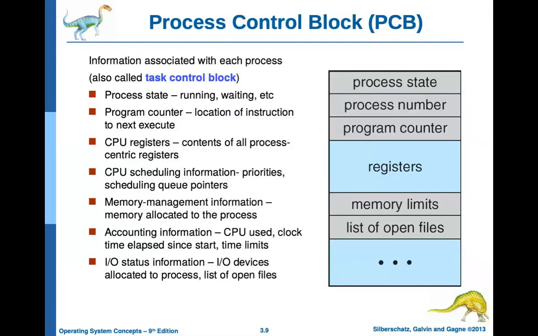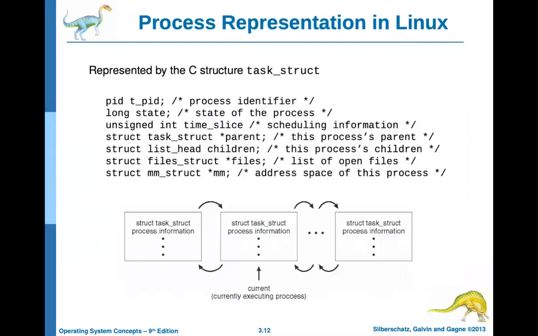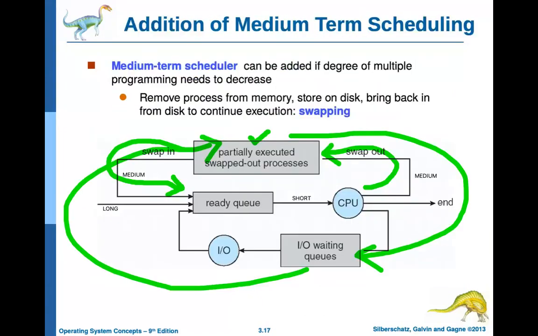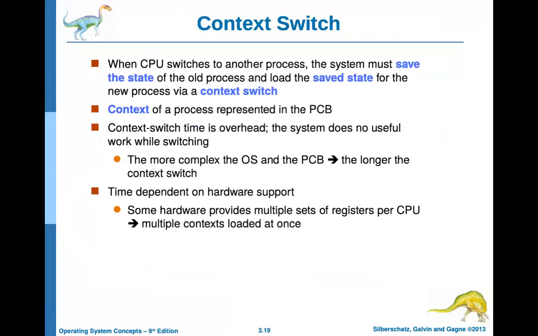And these memory limits are nothing but the four segments of a process we discussed: the text region, then we have data, then stack, then heap, all that. So that is what a process actually is, and it is represented by its context. So the PCB is used for that purpose.